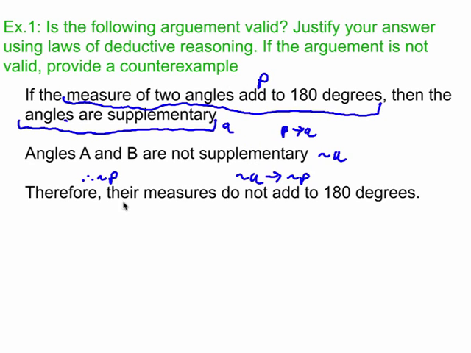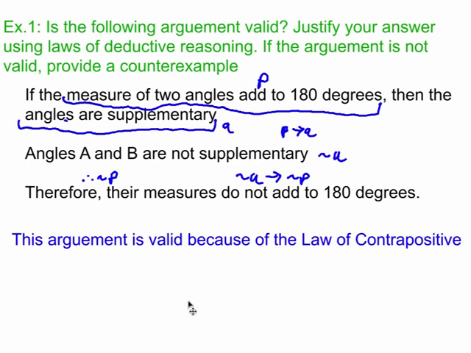We know by the law of contrapositive that if this is true, then this must be true. So I would say that this is a valid argument because this is just an example of the law of contrapositive. Hopefully you see how I'm using deductive reasoning and logic to make sure these are true.